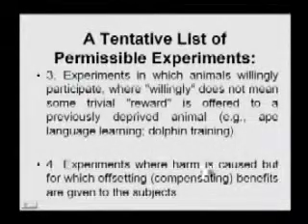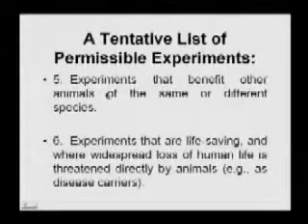So experiments where harm is caused but for which offsetting or compensating benefits are given to the subjects. Experiments that benefit other animals of the same or different species. Experiments that are life-saving and where widespread loss of human life is threatened directly by animals as disease carriers, for example.